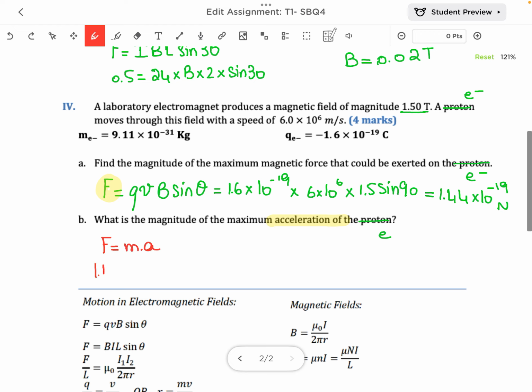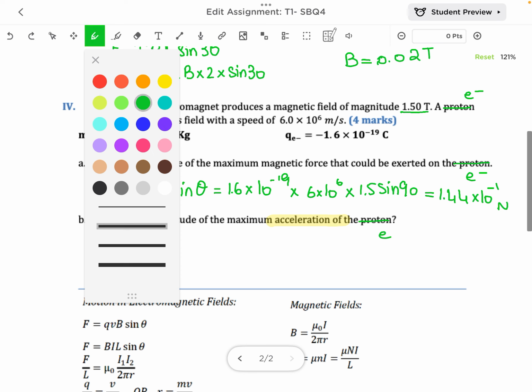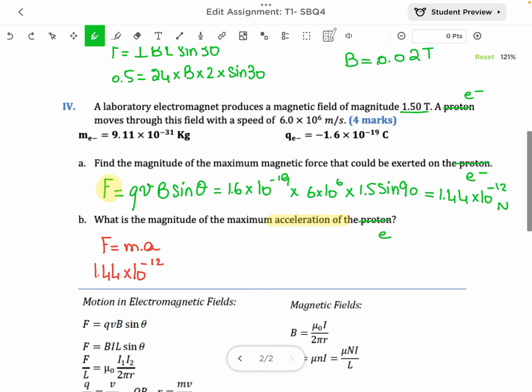So 1.44 times 10 to the power of negative 12, 12, not 19, equals the mass 9.11 times 10 to the power of negative 31 multiplied by a. The acceleration should be in meters per second squared. It is 1.58 times 10 to the power of 18 meters per second squared. Thank you.